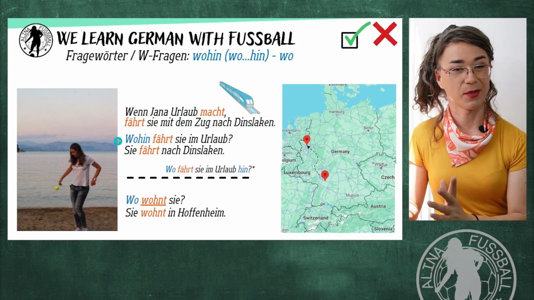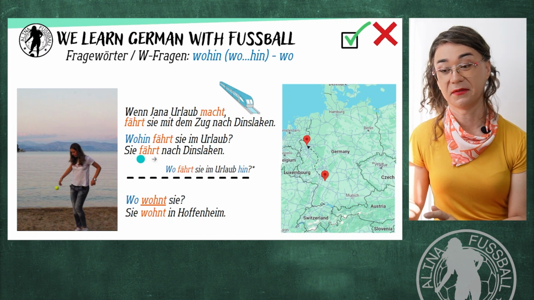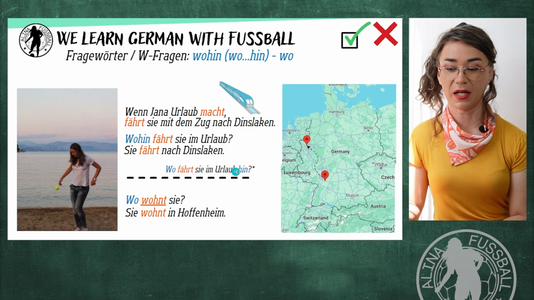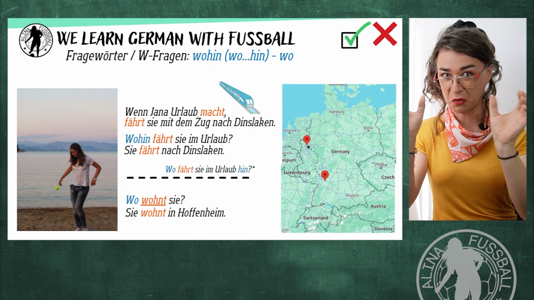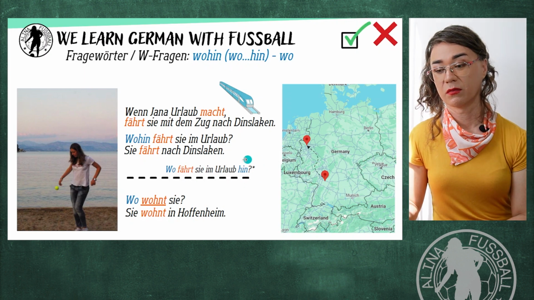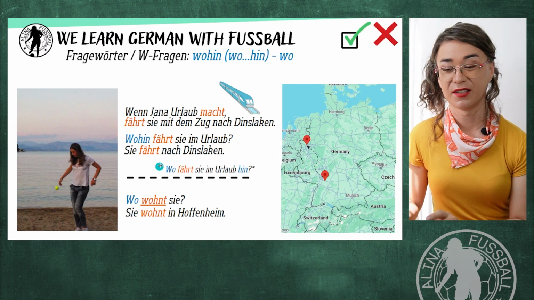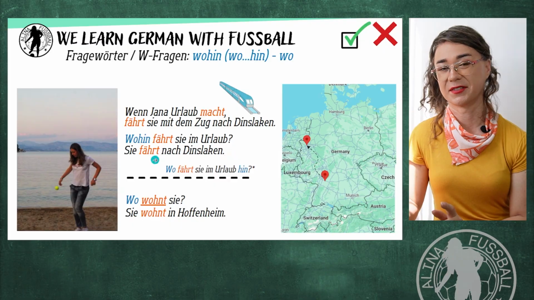In this case, the question is, wohin fährt sie im Urlaub? Sie fährt nach Dinslaken. Something to remark here is the use of this. Wo fährt sie in Urlaub hin? So notice that we split the word wohin into 2 words. This is the use that we listen to on the streets. So yeah, both uses are correct, but this is on the streets.